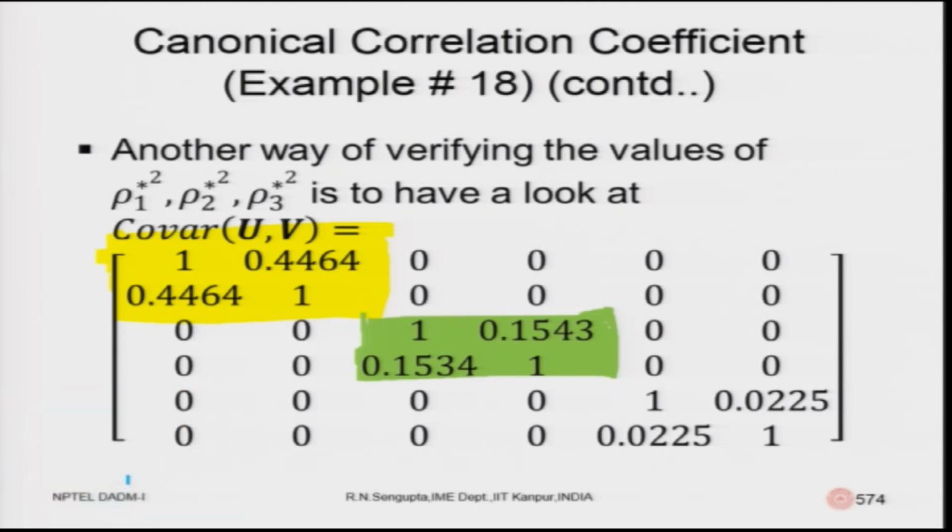The third one I will highlight is the blue one. This is the third value which I have. So, I have delineated rho 1 square, rho 2 square and rho 3 square depending on the covariance of u and v.